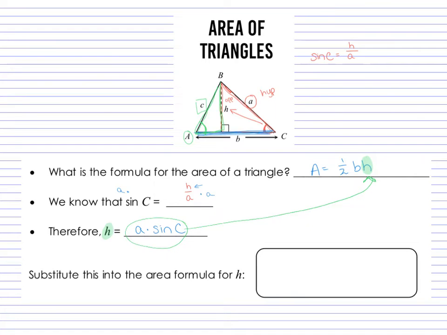So the area is 1/2, we've got an A, we've got B from the original, and then it's multiplied times sine of C. So we've got area equals 1/2 B times A sine of C. Multiplication says we can just rearrange, so it's easiest to remember in alphabetical order: area equals 1/2 AB sine of C.